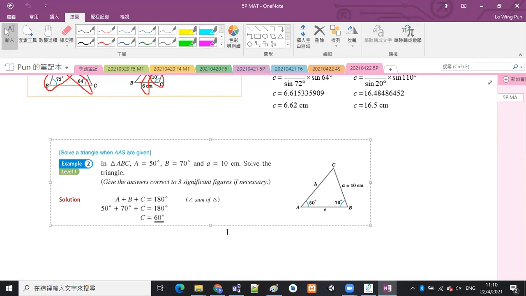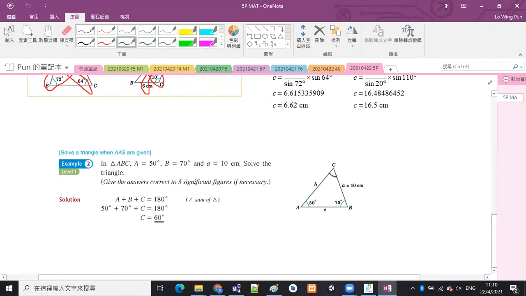Okay, and then we need to use the sine formula now. Let me label this because we have found angle C to be 60 degrees here. And then if we want to find length b, we need to circle the length and angle pair. b is corresponding to 70 degrees, right? And then what is another pair? c and 60 degrees.